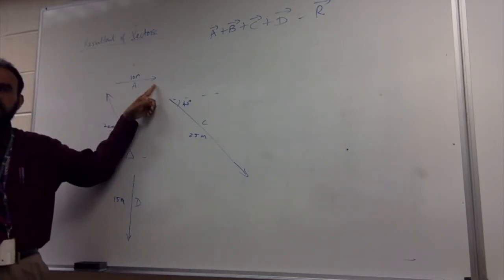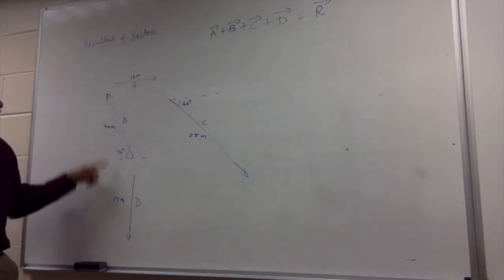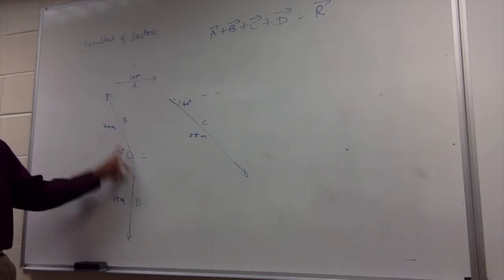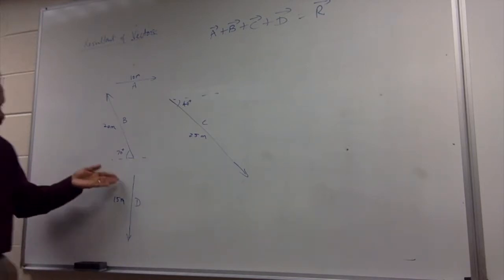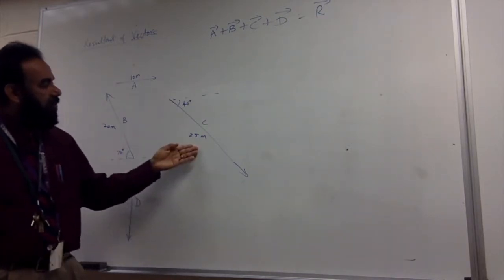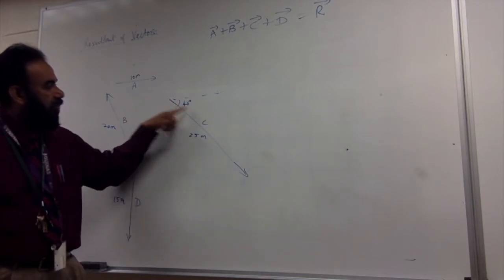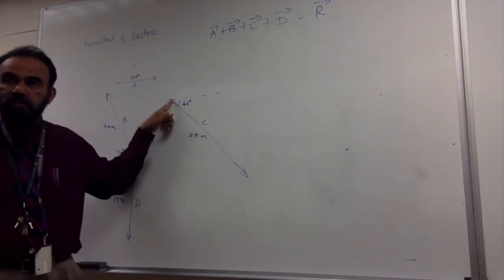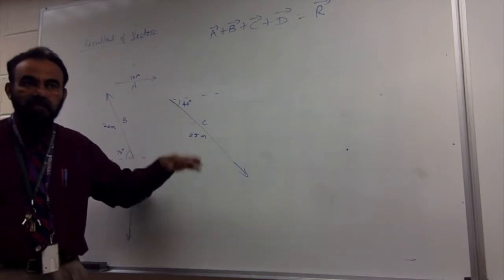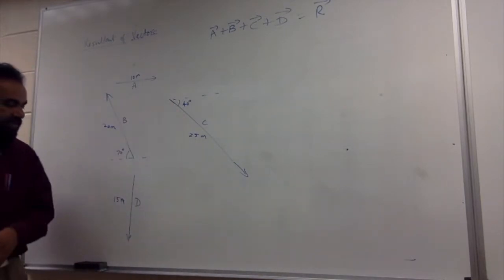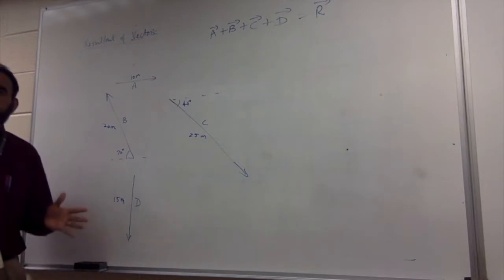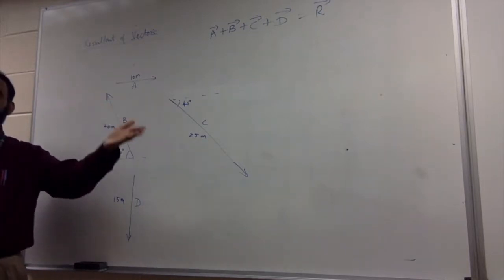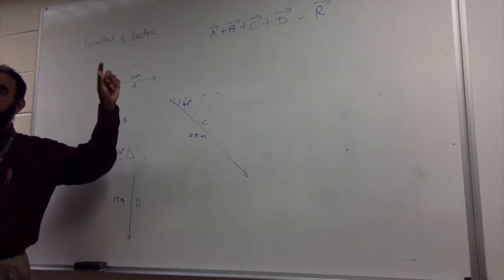Going 10 meters east, going 20 meters 70 degrees north of west, going 25 meters at 40 degrees, south of east, and this one is 15 meters south. Making all these 4, my question is, where do I end up? What is my total displacement?